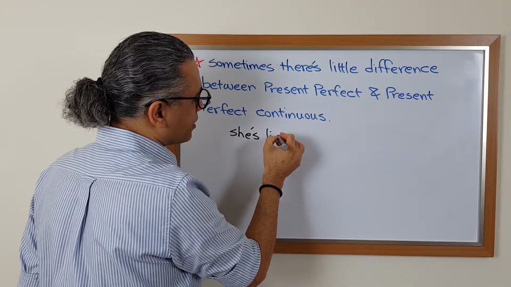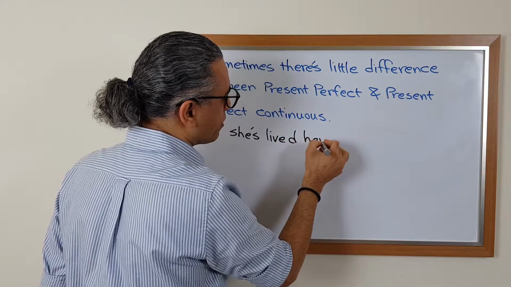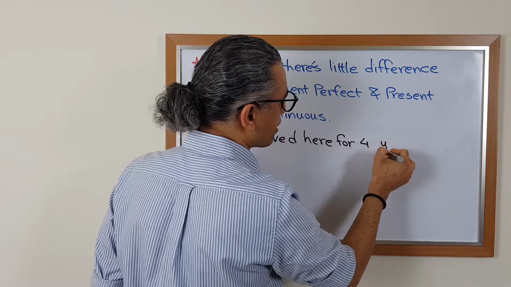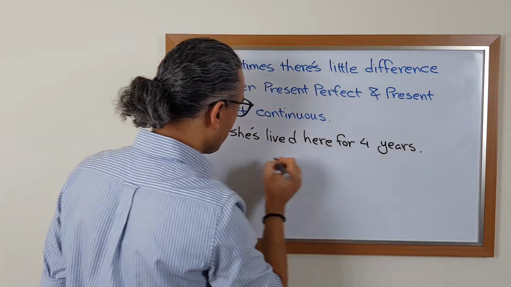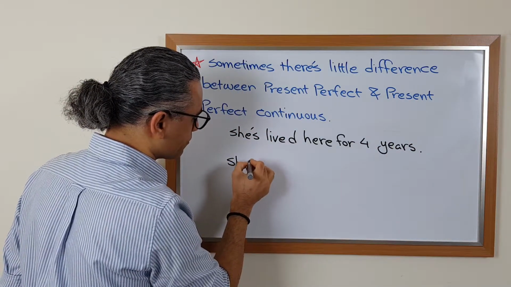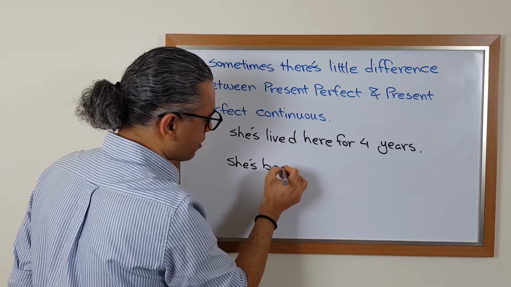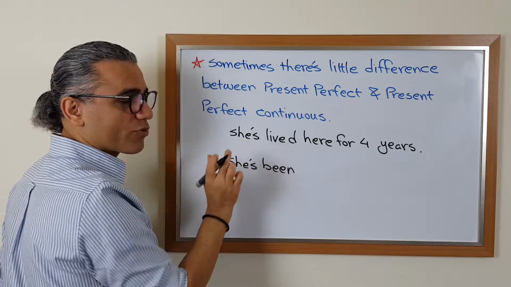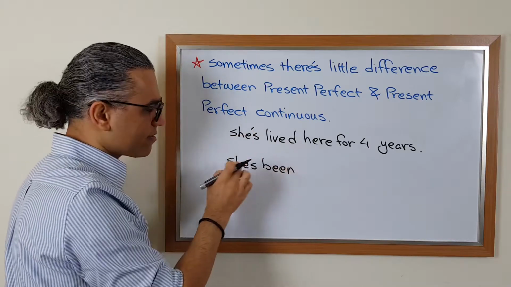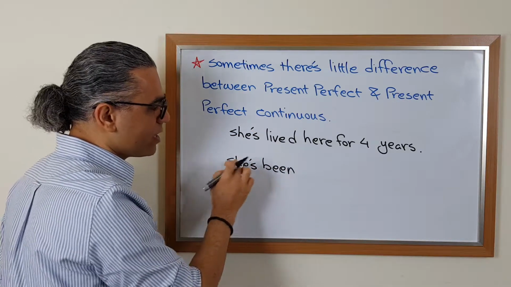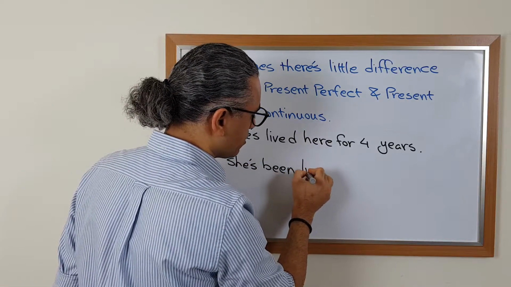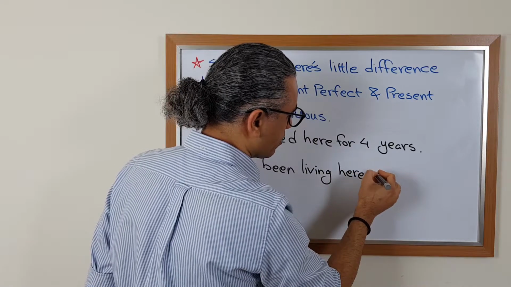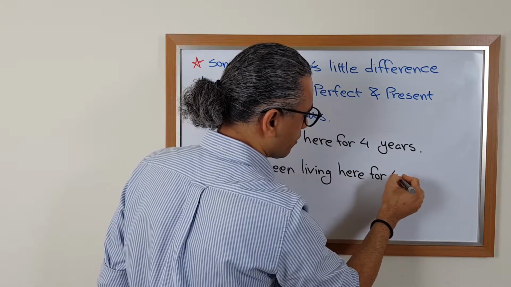She has lived here for 4 years. Or we could say, this apostrophe s in here is the contracted form for she has, and in here again she has. She has been living here for 4 years.